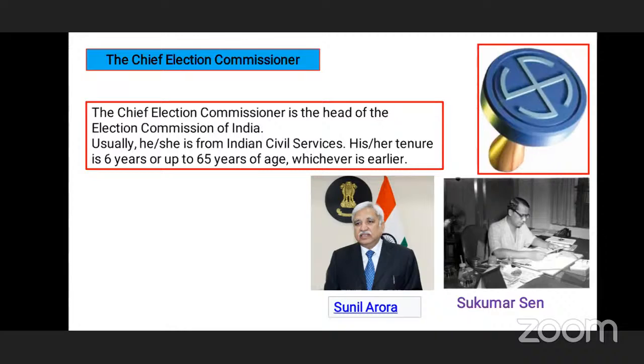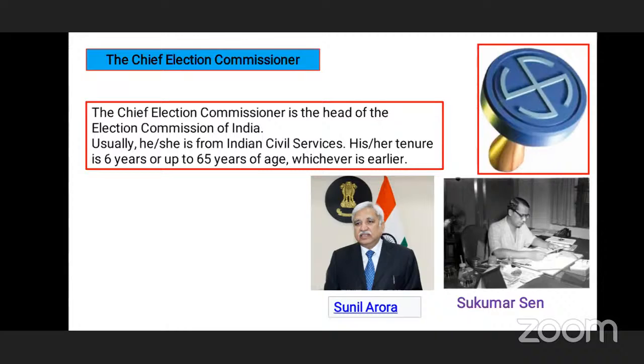Why? Because I will complete 65 years of age. If I were 58 or 50 years old, I could be Chief Election Commissioner for the next six years. Whichever is earlier, he can retire from the office.